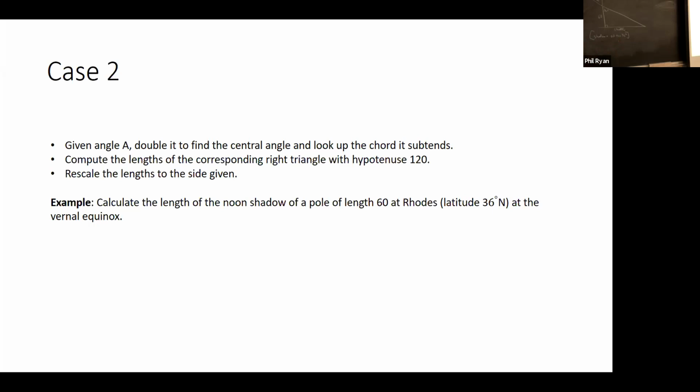So now this is a right triangle, so we can put it into a circle. And so what do we want to do? This is 36. This is 54 degrees.